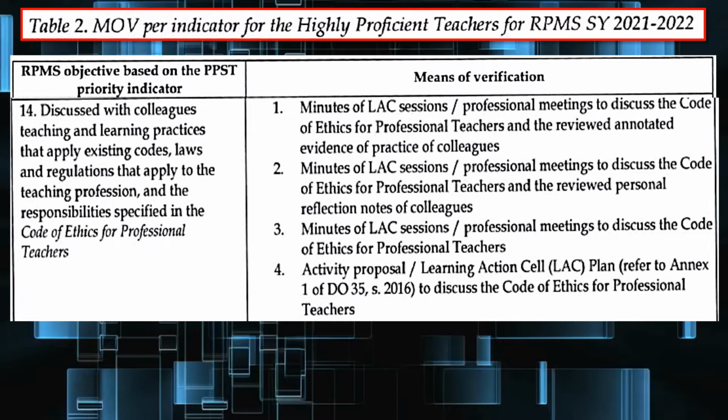Number 2, minutes of LAC session or professional meetings to discuss the Code of Ethics for Professional Teachers and the reviewed personal reflection notes of colleagues. Number 3, professional meetings to discuss the Code of Ethics for Professional Teachers. And number 4, the activity proposal, the Learning Action Cell Plan to discuss the Code of Ethics for Professional Teachers.